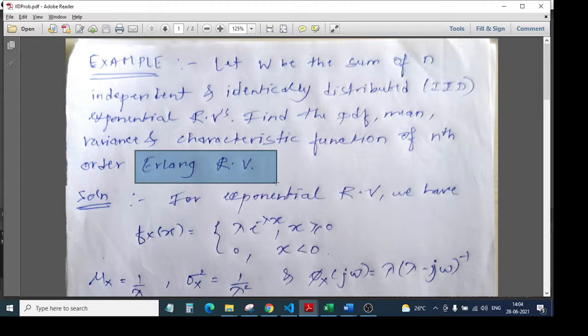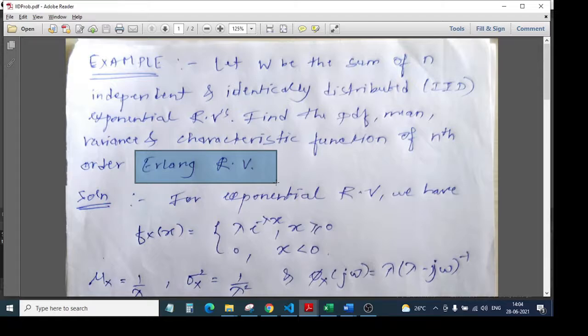If you recall all the previous classes, we have already seen the Erlang random variable. It was not the nth order Erlang random variable, but we have studied the Erlang random variable. And I have also told in the previous videos that you might get a question in your examination saying find the PDF of the Erlang random variable.